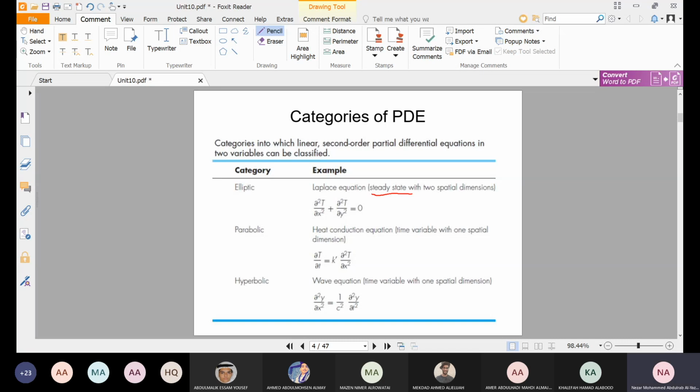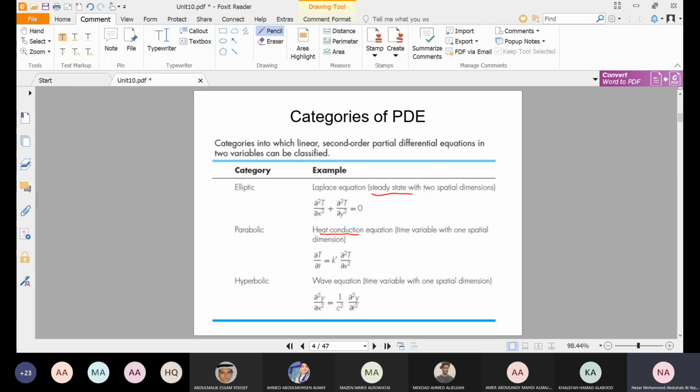We have also parabolic equations, or type of PDE equations, and we can represent this, as an example, using the heat transfer or heat conduction equation. And here we have one derivative with respect to time and a second derivative with respect to space.